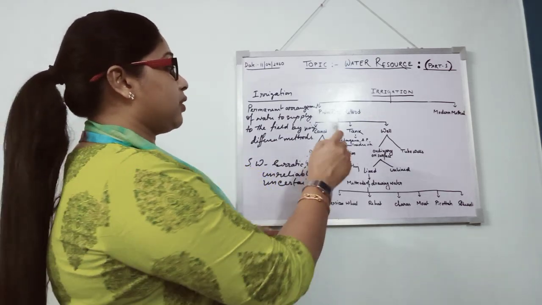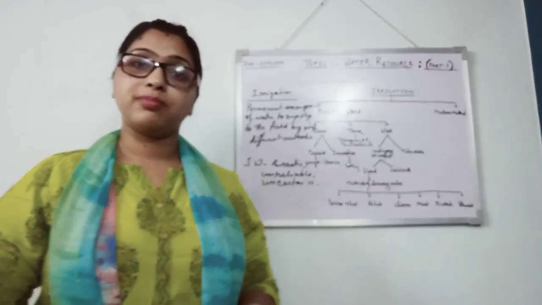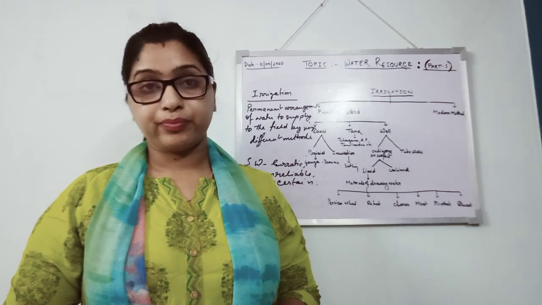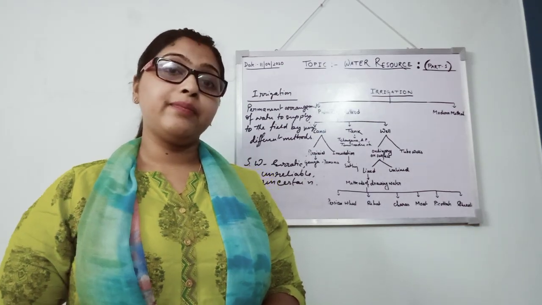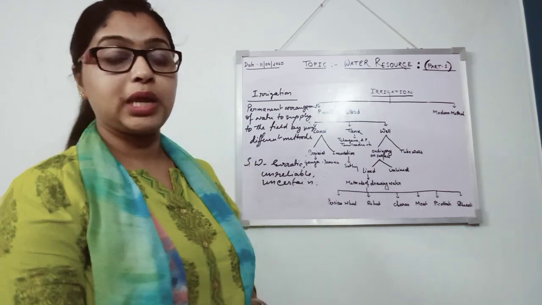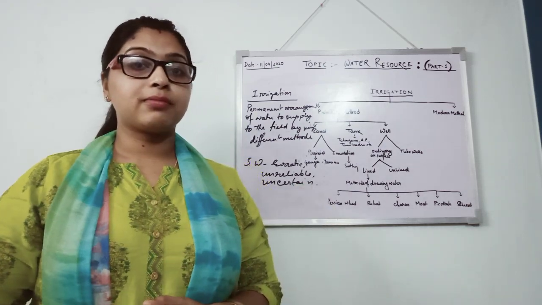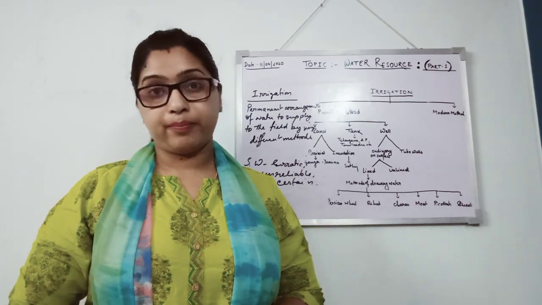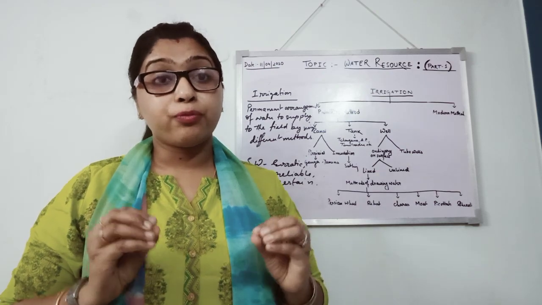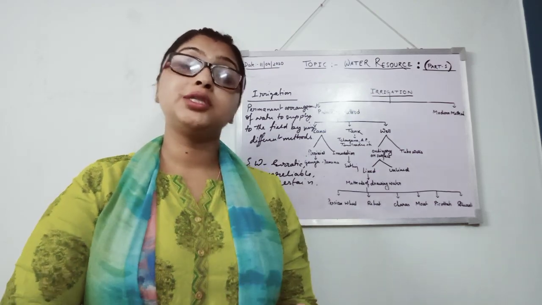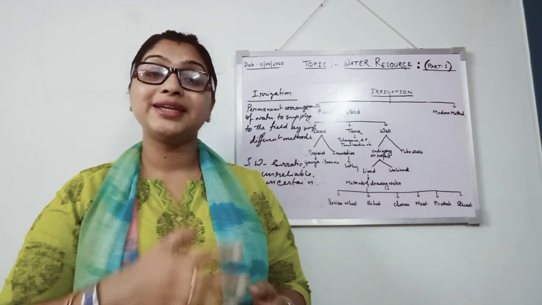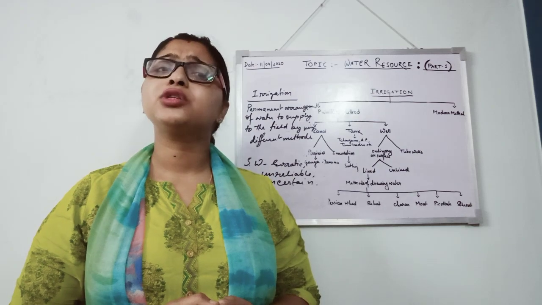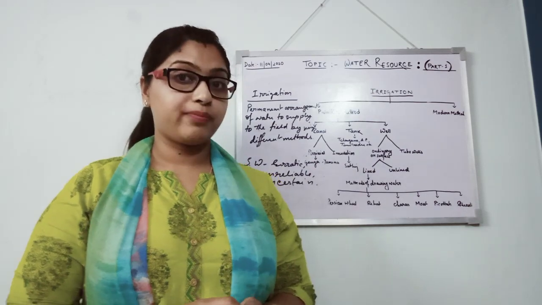Next point, I will go to tank irrigation. What is tank irrigation? Basically, in a natural depression in an area, or artificially, we can make a tank. In areas which do not allow water to sieve or percolate into the ground, mostly in those areas we can see tank irrigation.